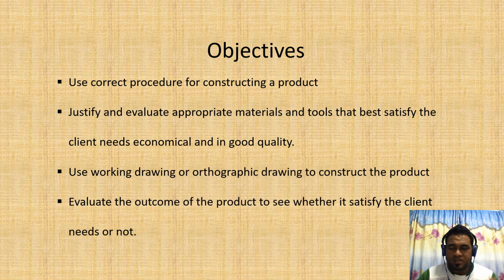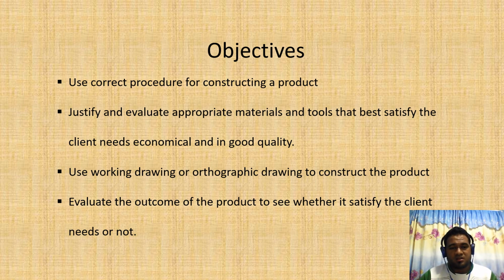There are some objectives to look at in this process of designing the glove box. The first one is to use the correct procedure for constructing a product, which is the designing stage, the making stage, and then the evaluating stage.